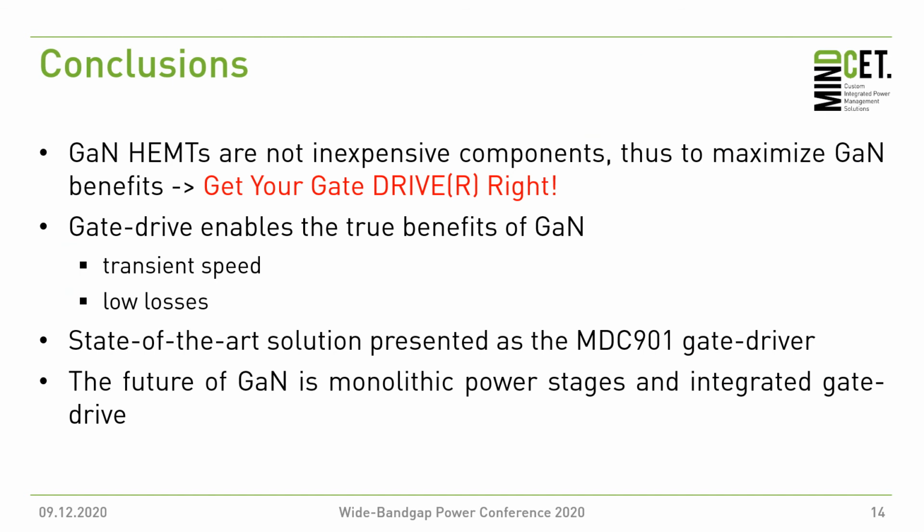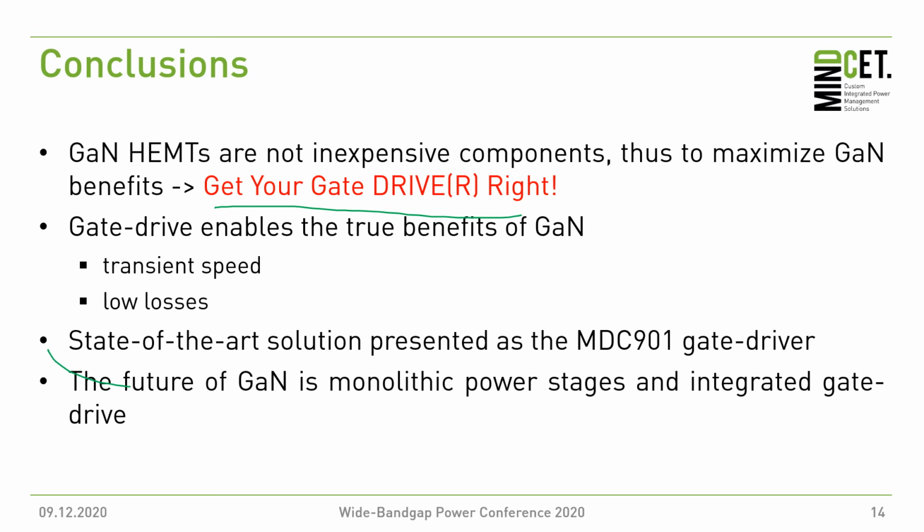Good. I reached the end of my presentation, so my conclusions are that GaN HEMTs are not inexpensive components, but really have potential in them. So in order to use that potential, it's really key to get your GaN gate driver right. Gate drive, or the proper gate drive, really enables the true benefits of GaN.